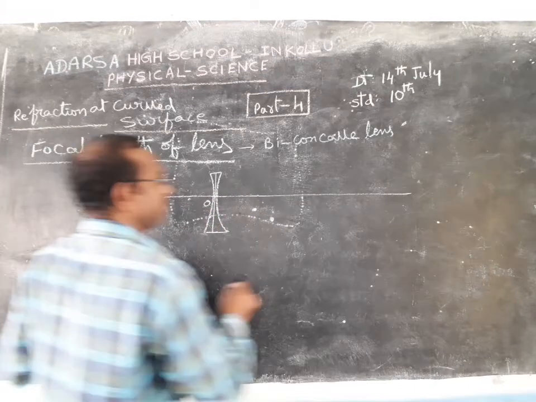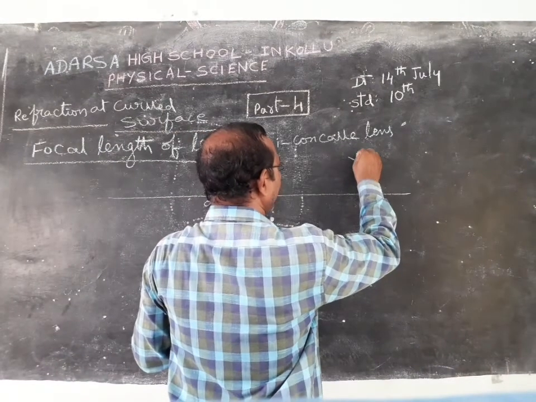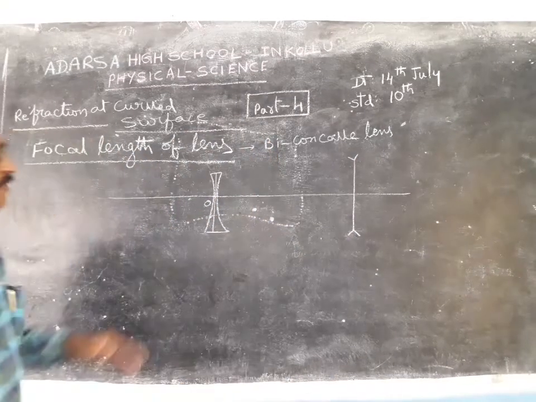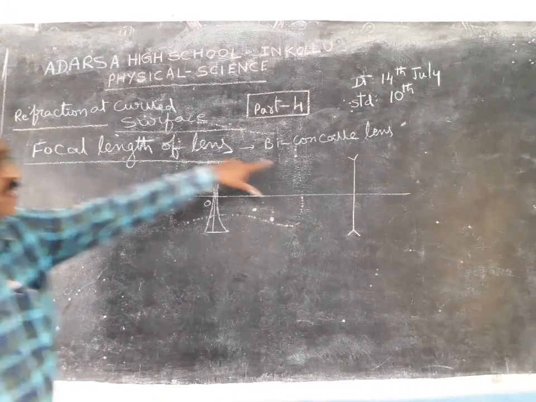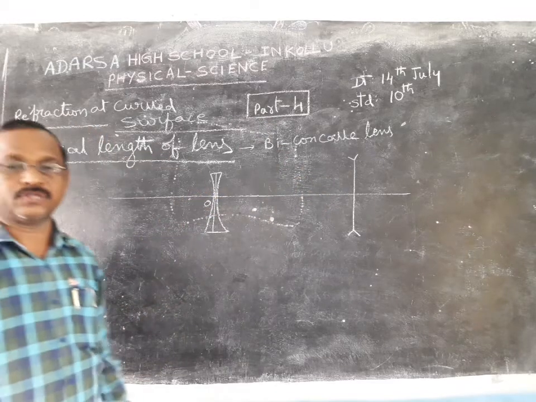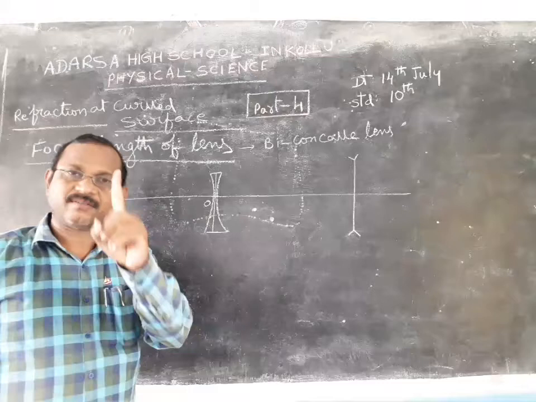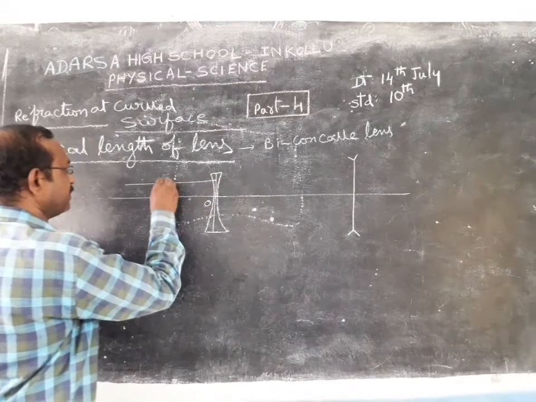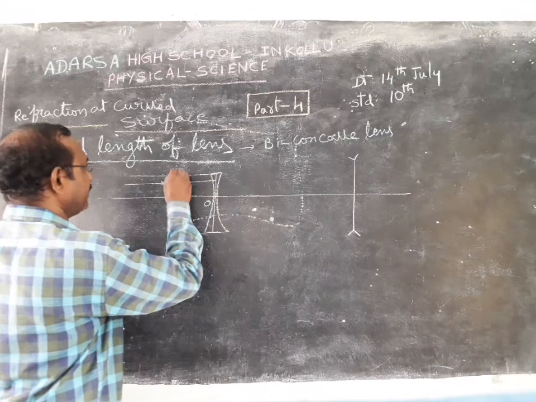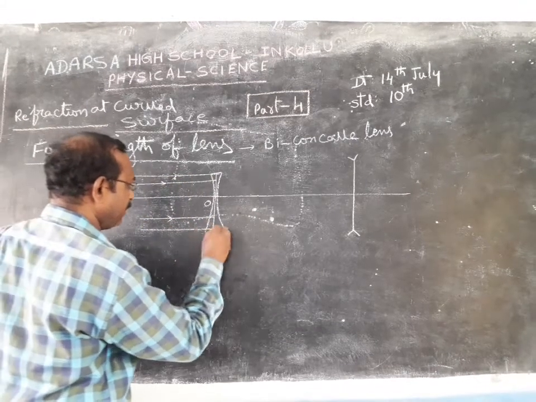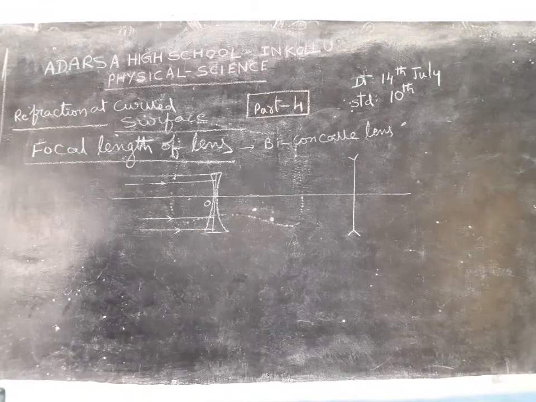Optic center. This is the symbol of the biconcave lens. It consists of two surfaces; consider one surface only. So it is the incident ray and it is also an incident ray.